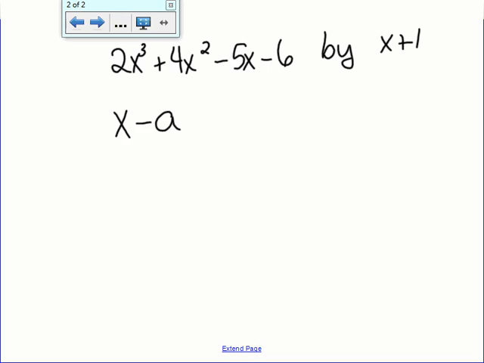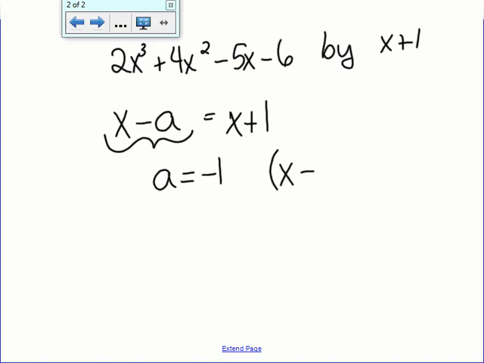So every time I'm looking at the divisor, I'm just really comparing it to x minus a. So for example, if I had put x plus 2 beside this, I know that a would have to equal negative 2, so that when I put it back into x minus a form, I would end up with the correct divisor.